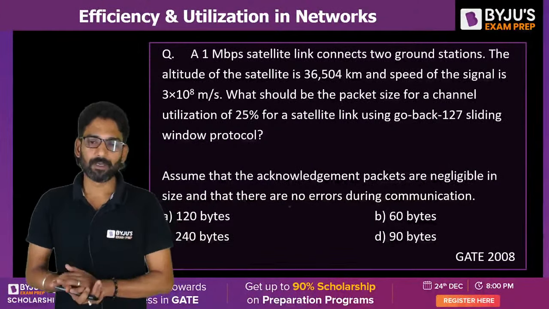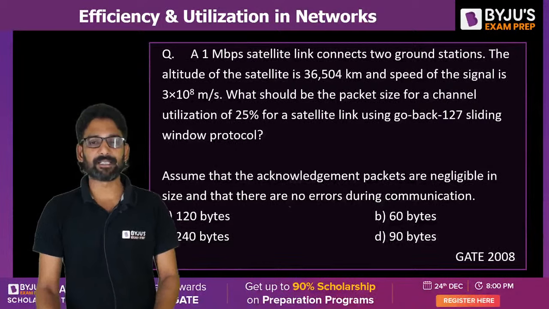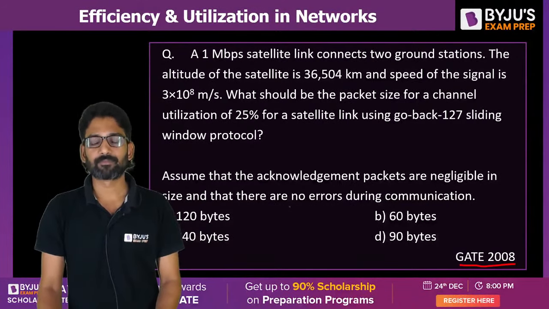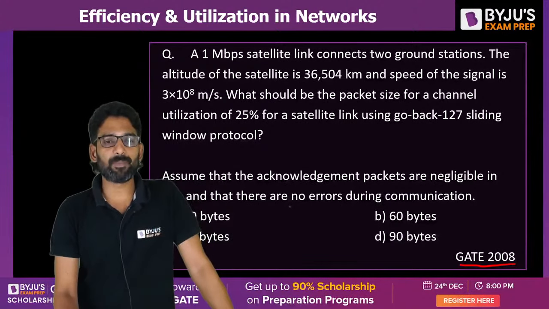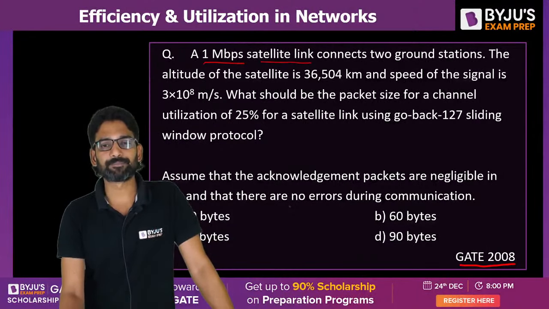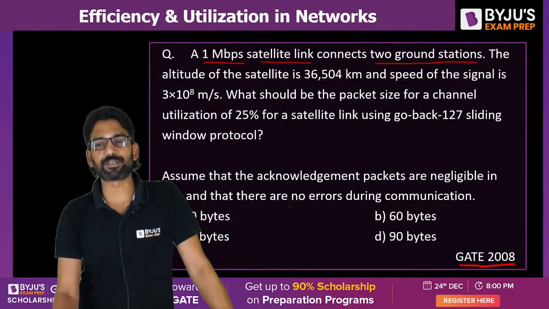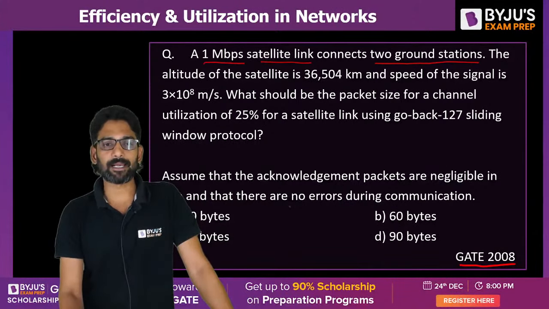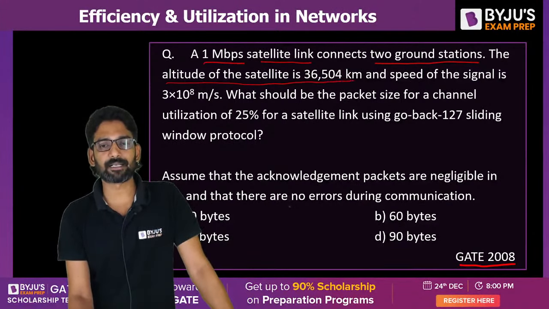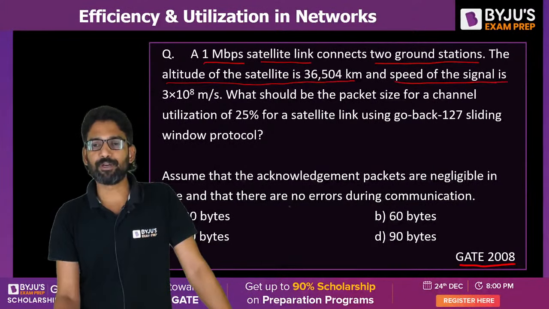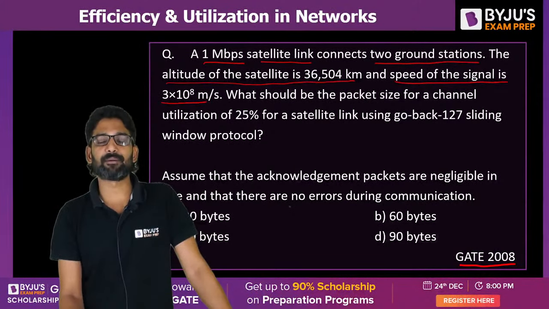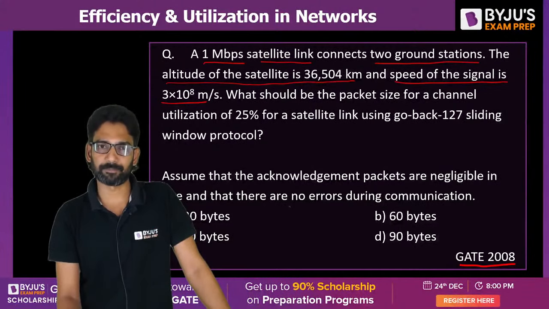So this is a 2008 GATE question, guys. The question is like this: a 1 Mbps satellite link connects two ground stations. The altitude of the satellite is 36,504 km and the speed of the signal is 3 multiplied by 10 power 8 meters per second.